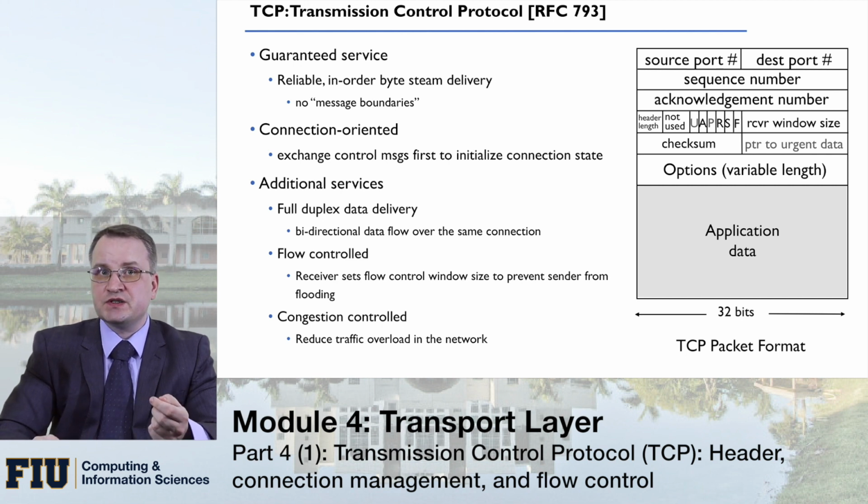It also provides additional services like full duplex, meaning there is reliable data transfer in one direction and reliable data transfer in the other direction. We have a concept of flow control, and we have a concept of congestion control, meaning TCP estimates how much traffic it can push to the network without causing overall congestion in the network.